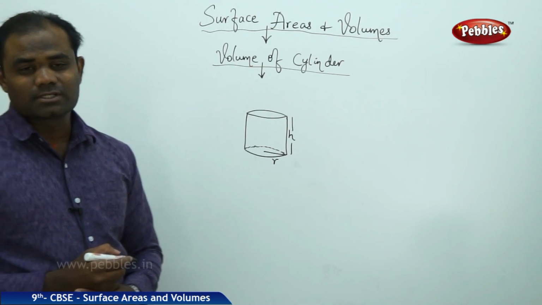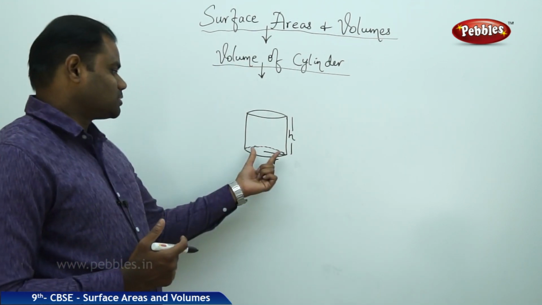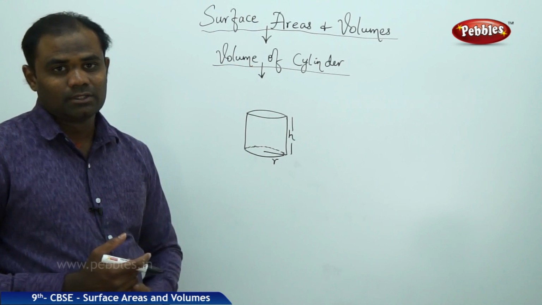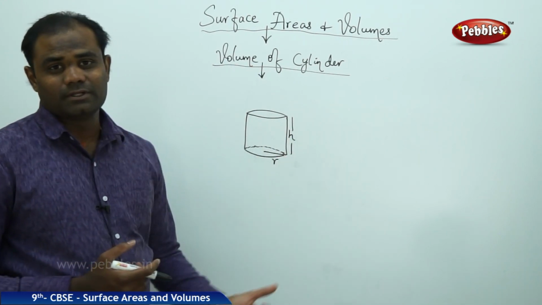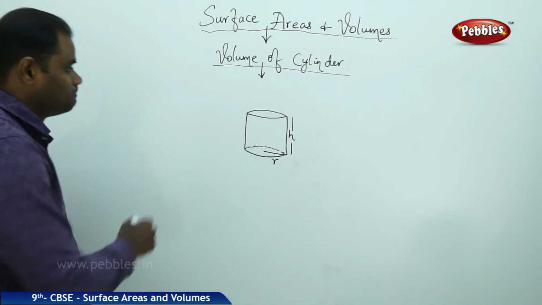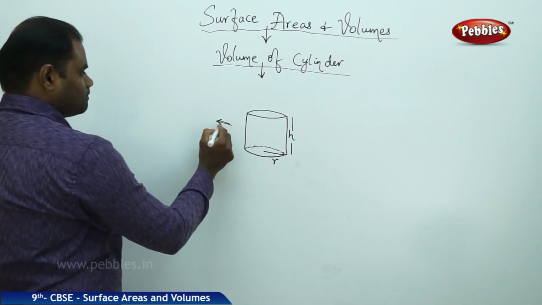So let's see what is the volume of a cylinder based on radius and height. Here the radius and the height of the cylinder define the volume.